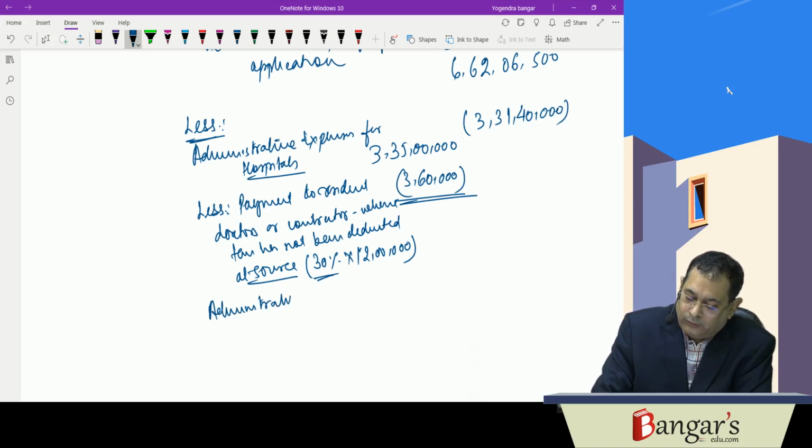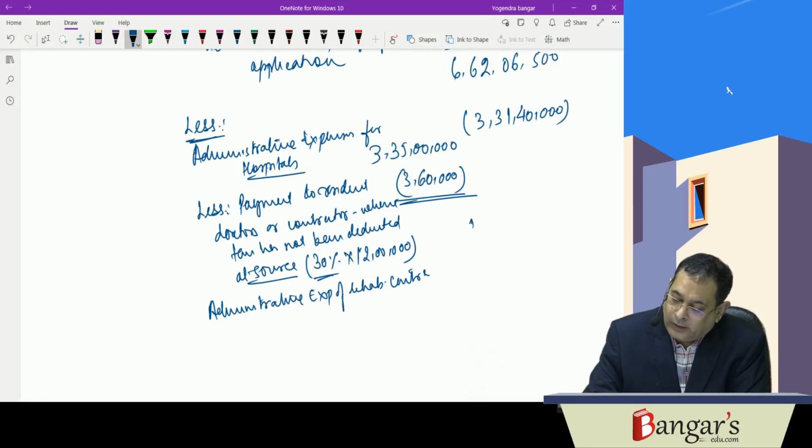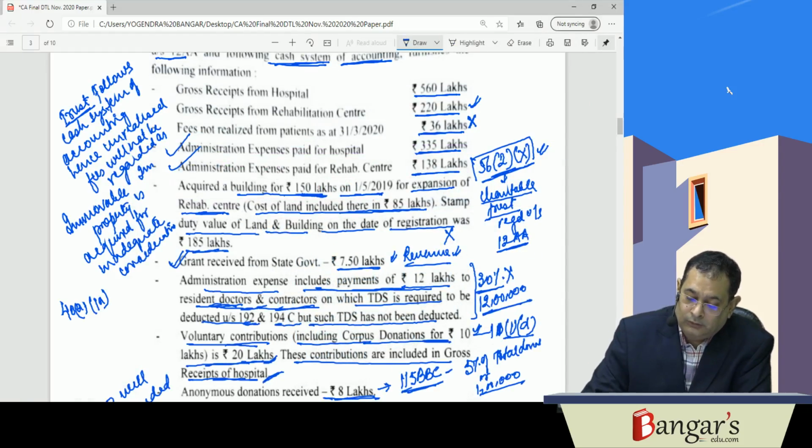Then less administrative expenses of rehab center. How much administrative expense of rehab center is there? 1 crore 38 lakhs. This we have considered.